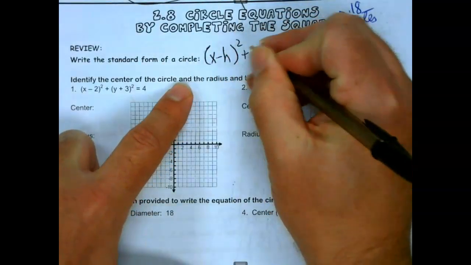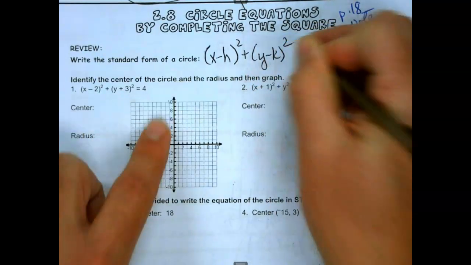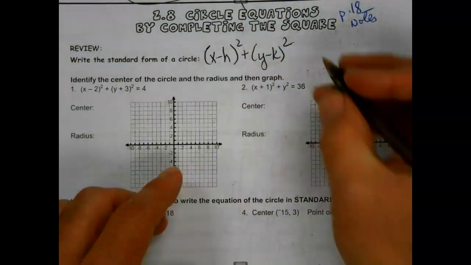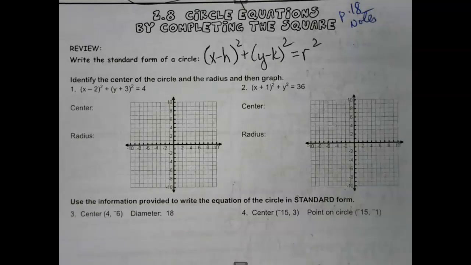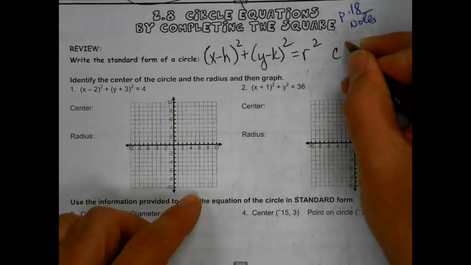Do you notice with all this stuff we do, whether it's absolute value, whether it's graphing a quadratic, whether it's dealing with a circle, H and K show up everywhere. And they have a lot of the same uses, not every single time.